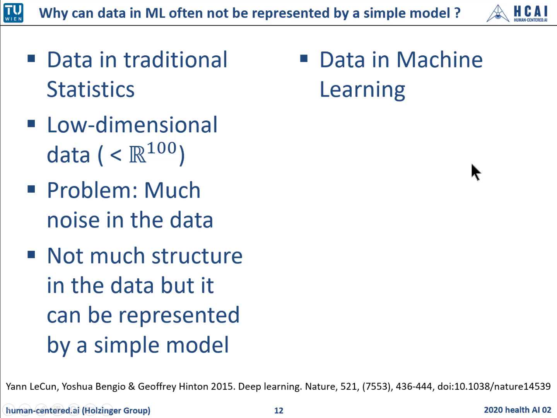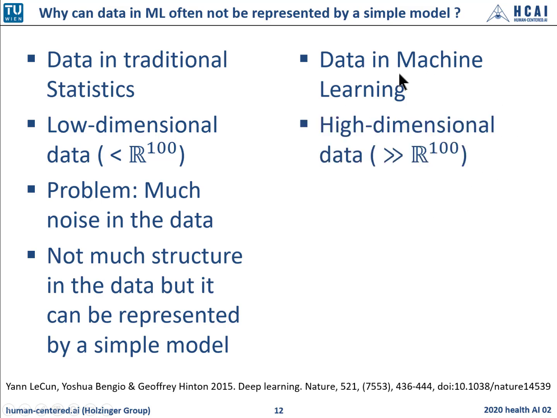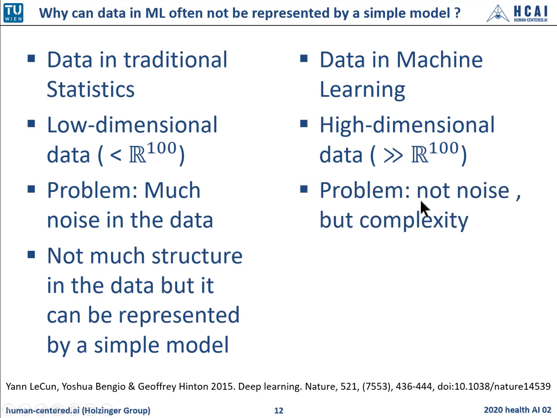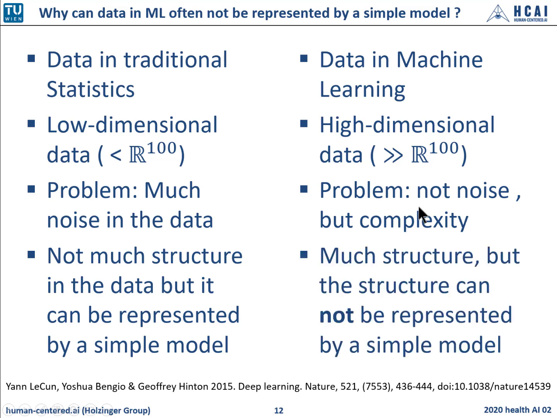On the other hand, you have data in machine learning. You have often very high dimensional data, so much greater than R to the power of 100, much greater, up to 1 million or even 10 million. The problem is not the noise, but this complexity, so it is just a lot. And there is much structure, but the structure cannot be represented by a simple model.